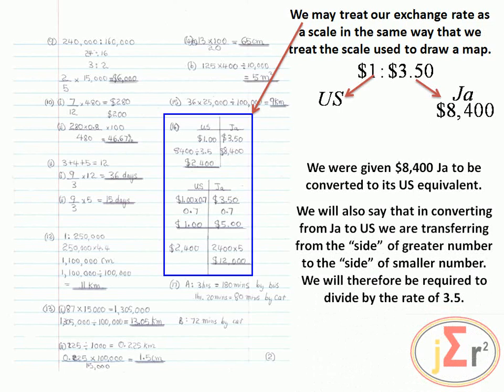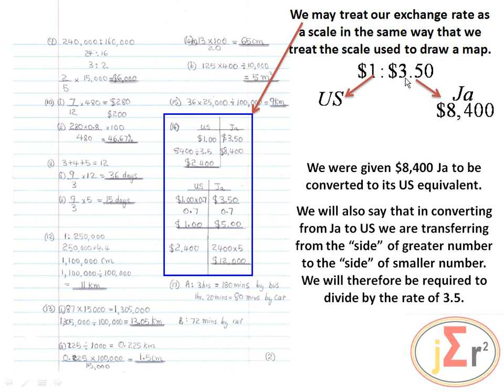We will also say that in converting from Jamaican to US, we are transferring from the side of greater number to the side of smaller number. We will therefore be required to divide by the rate of 3.5. So the same thing applies.